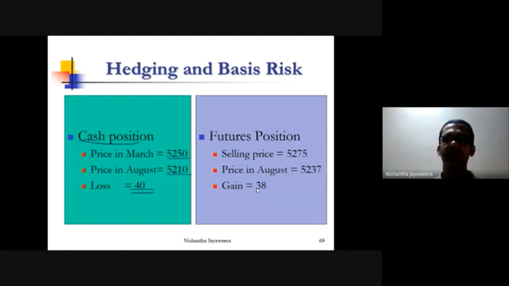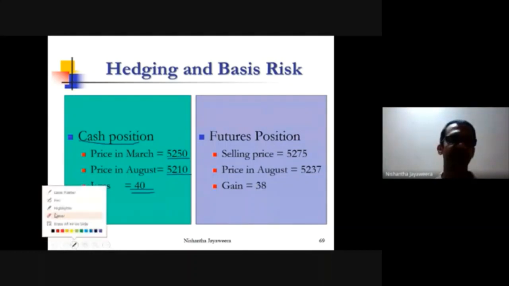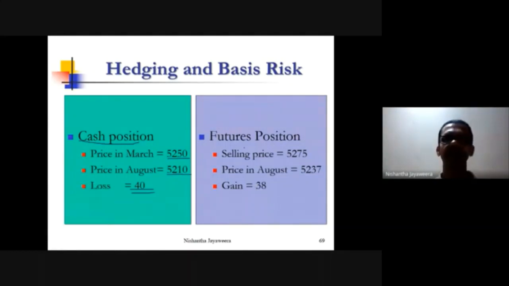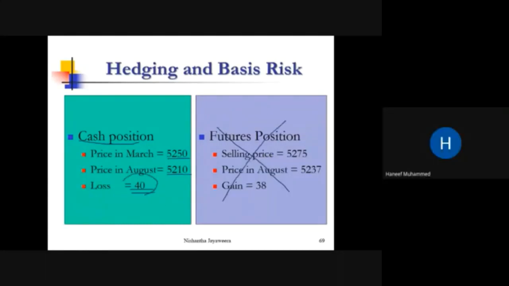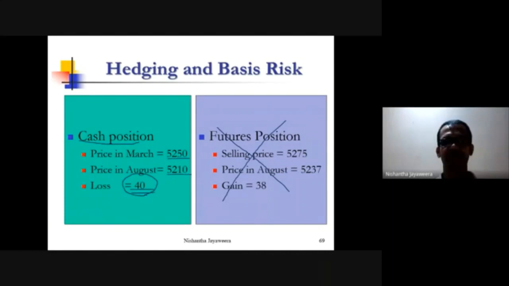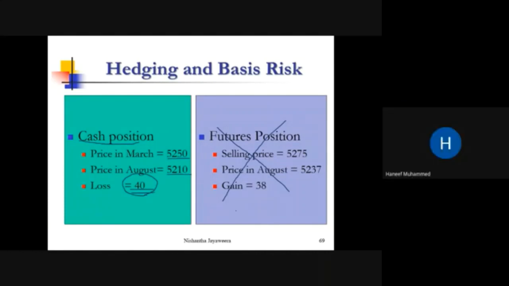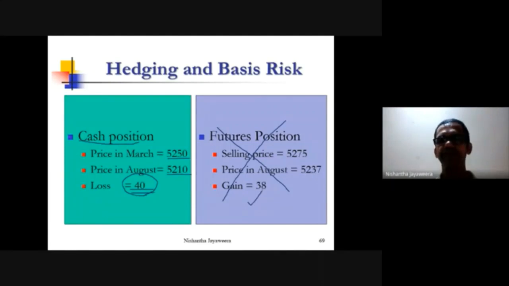However, if we didn't have this position, if this was not there, our loss is 40. But now, when we have this, our loss is only -2.